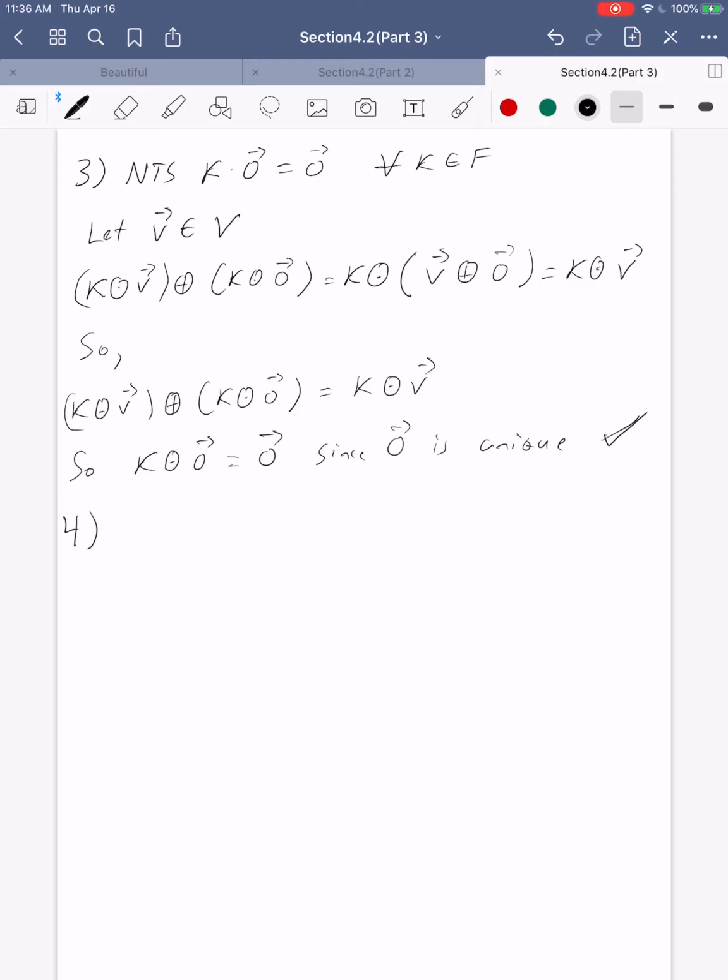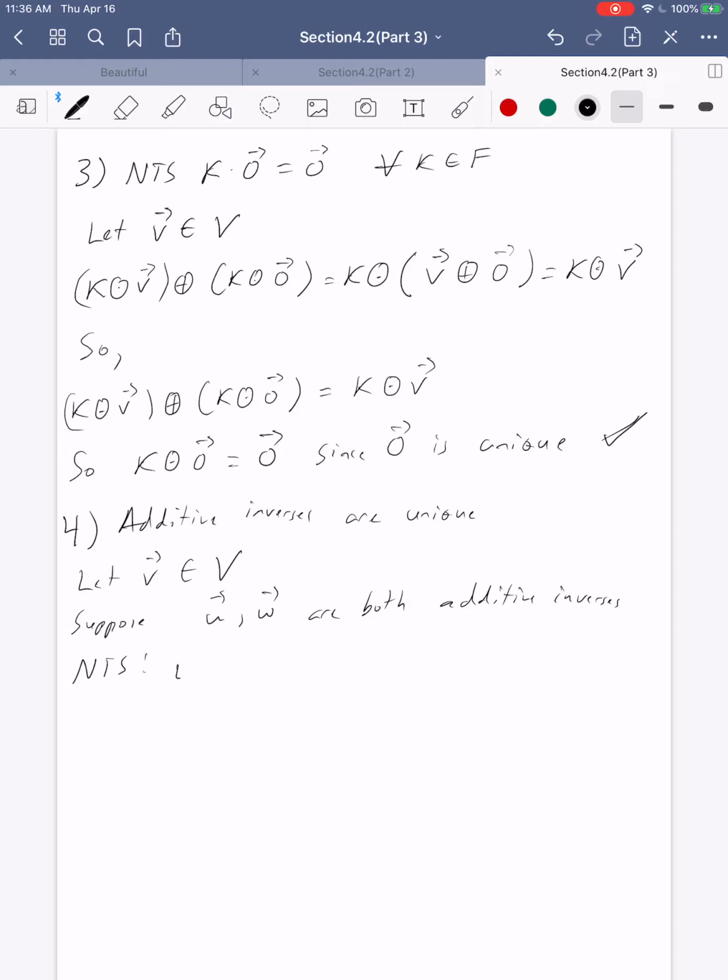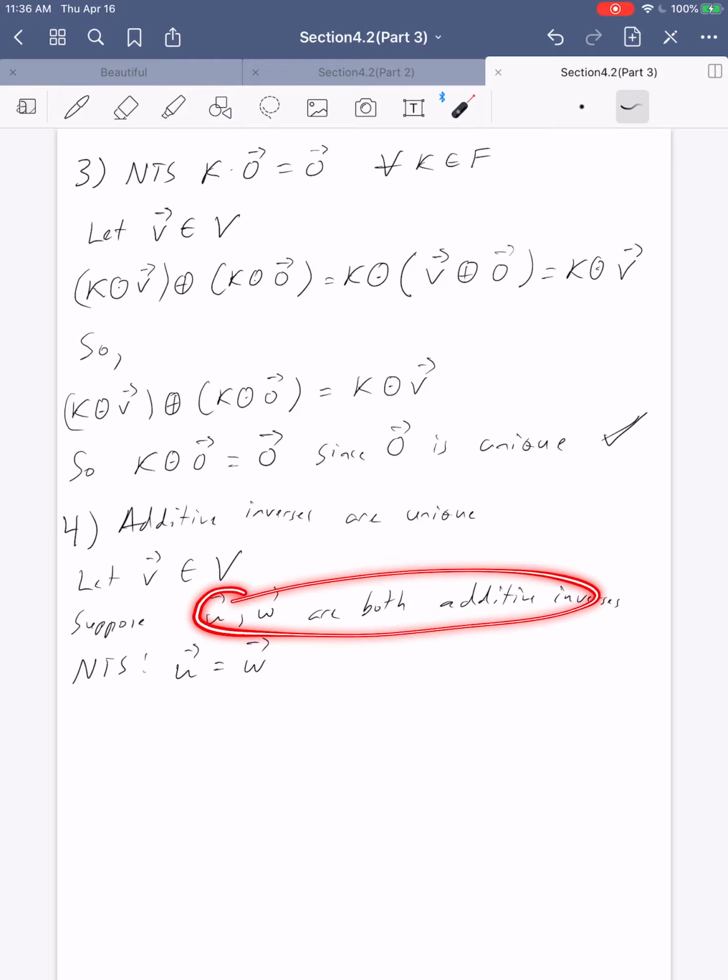So for 4, we wanted to show additive inverses are unique. Okay, so let V be an element of our vector space, and suppose that U and W are both additive inverses. What we need to show then is that U equals W. So what does it mean to be additive inverses?